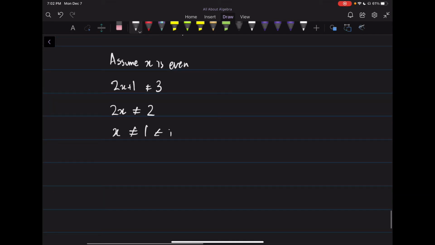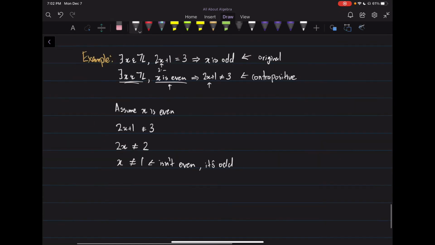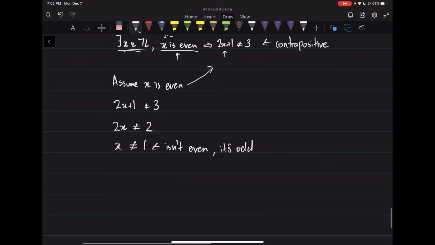Well, 1 isn't even, right? It's odd. And we know that if x is even, then it implies this, but we know that x cannot equal 1. So which means x can be any number except 1, but 1 is odd.